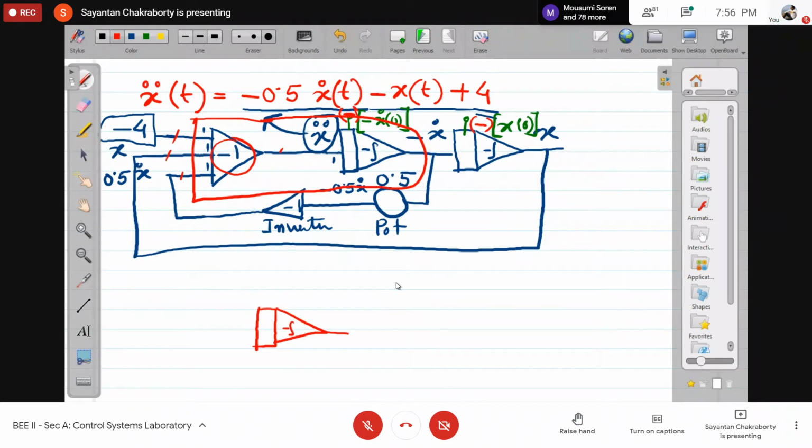We'll have integrator 1. The second integrator will be as usual. The output of the second integrator is x, and the first integrator output is, as usual, minus x dot.